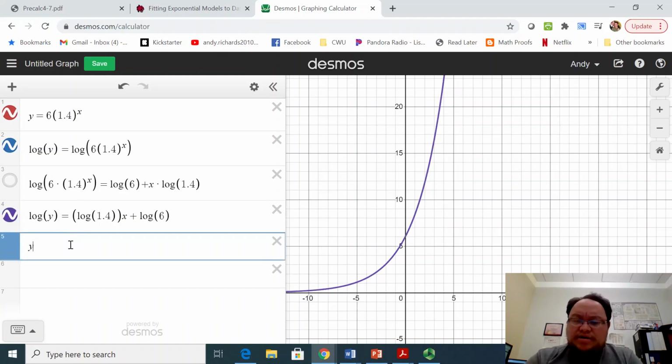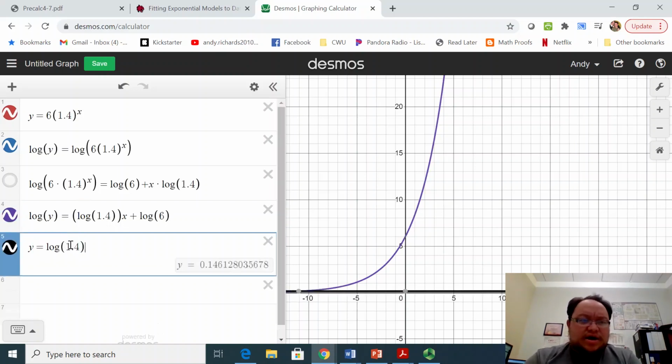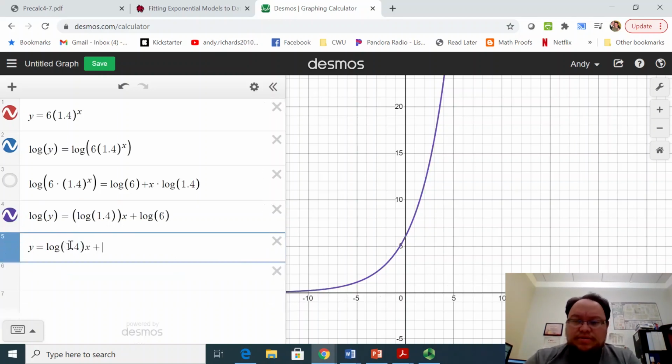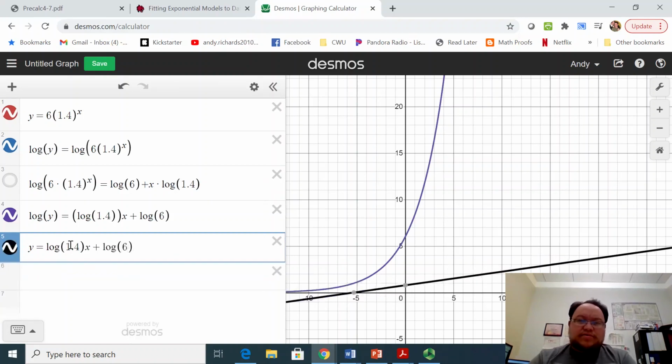I know that Desmos has difficulty counting these things out, so we will see what it looks like. But how we're counting here isn't just on an integer scale anymore. It's now counting by log base 10.